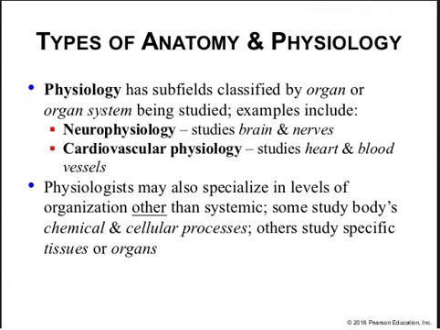Okay, so when we talk about anatomy and physiology with regard to the human body, if we were to take, let's say, the nervous system, the location of the brainstem, the spinal cord and the peripheral nerves is important to know, but we want to know what these structures do, right?